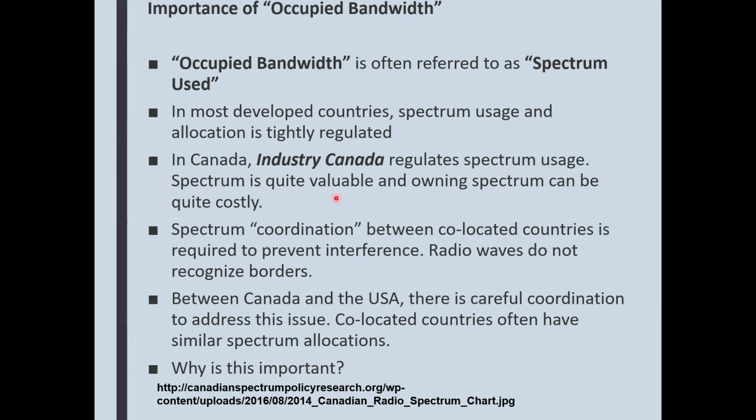Spectrum is quite valuable, and owning a spectrum can be quite costly. If you want to have certain bandwidth over the air, you might have to pay money for it. Spectrum coordination between co-located countries is required to prevent interference.